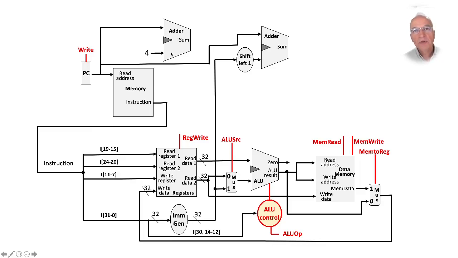So I need to compute 2 possible values for the program counter. One where I add 4 to the program counter, the other where I add the value of the immediate sign extended to 32 bits and shifted by 1, which is the target of the branch. Now I need to make a decision which one of those 2 values should be written back into the program counter.